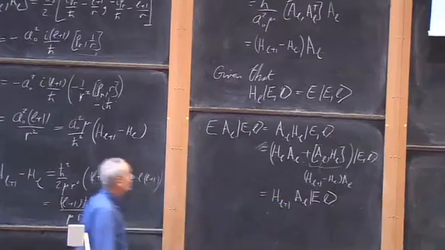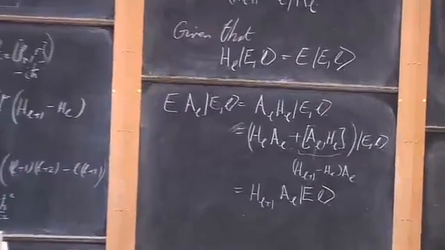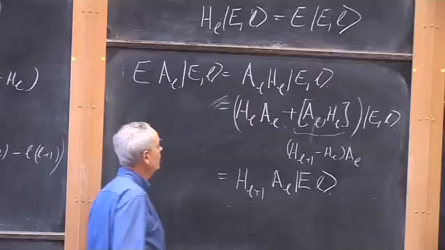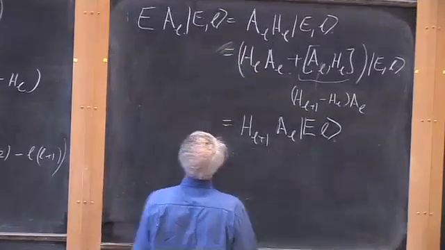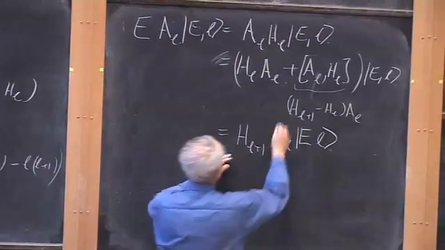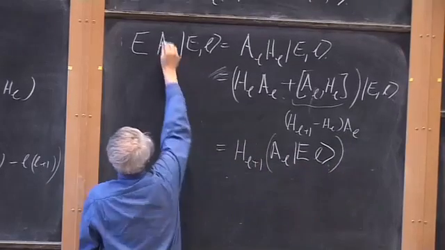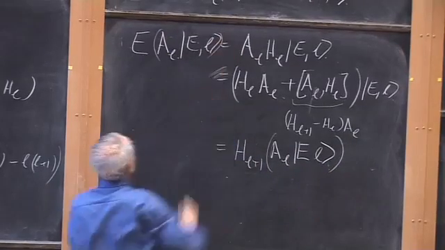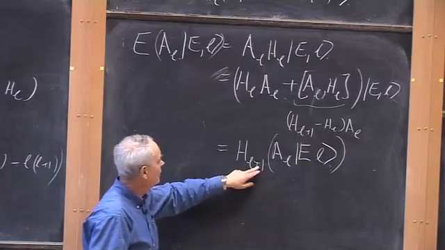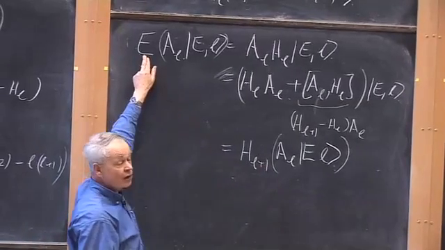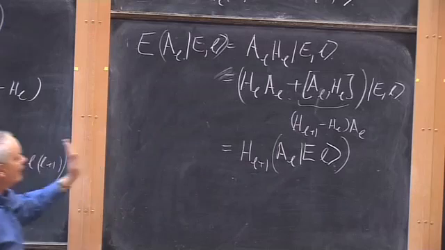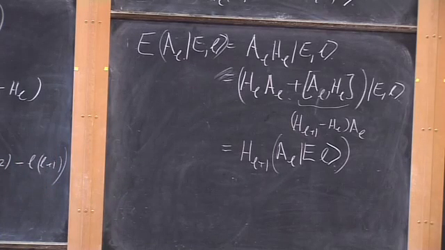So we have achieved what we wanted to achieve. That is to say, we have shown that this state is an eigenstate, not of HL, but of HL plus 1, and for the same energy. So the map's looking a little different now from the harmonic oscillator, but nonetheless we have a very powerful result.